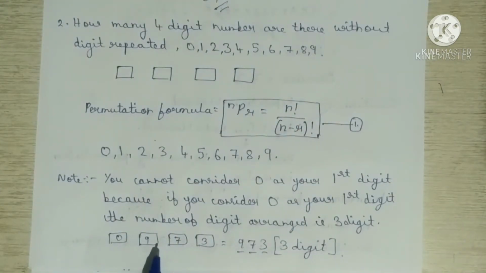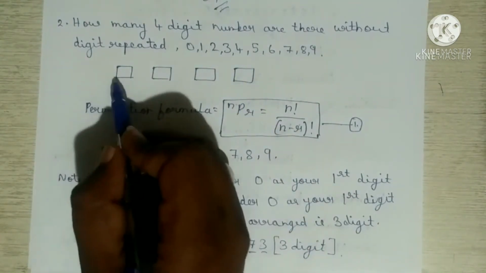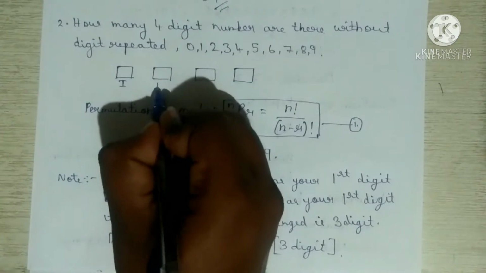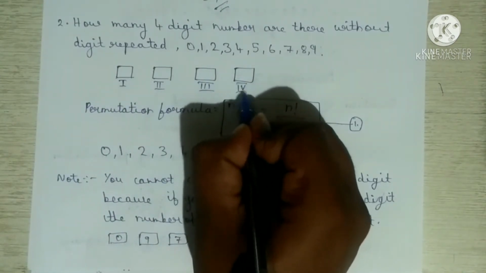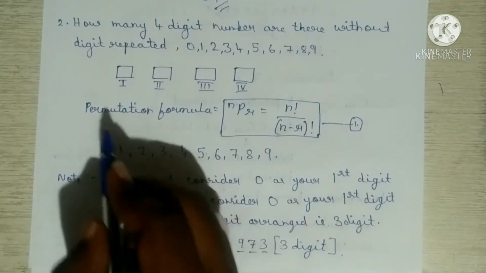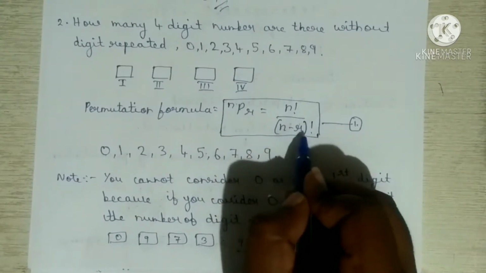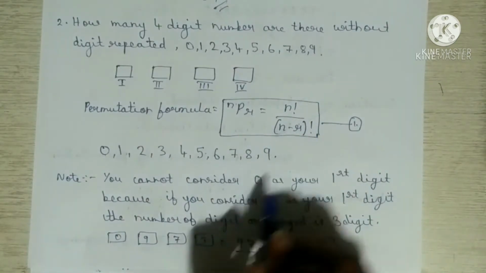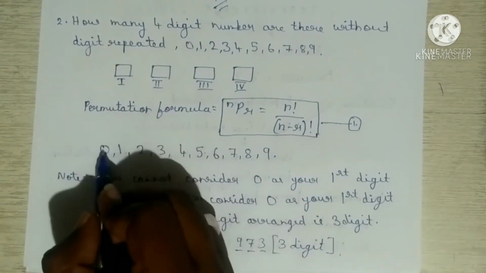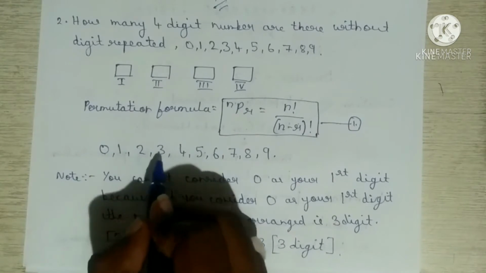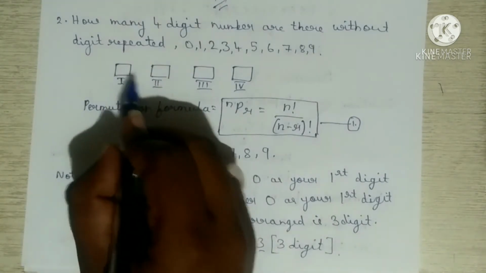Let these be the first digit, second digit, third digit and fourth digit. Next you write the permutation formula, nPr is equal to n factorial by (n minus r) factorial. Let this be equation number 1. In the given question, without repeating, we need to find the 4-digit numbers.